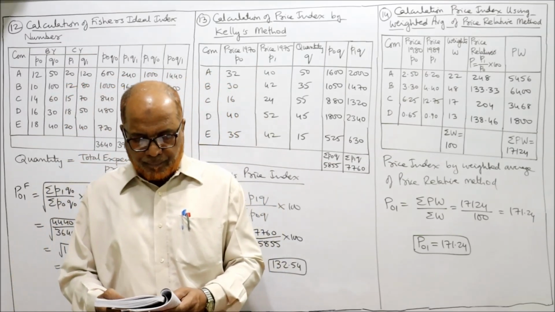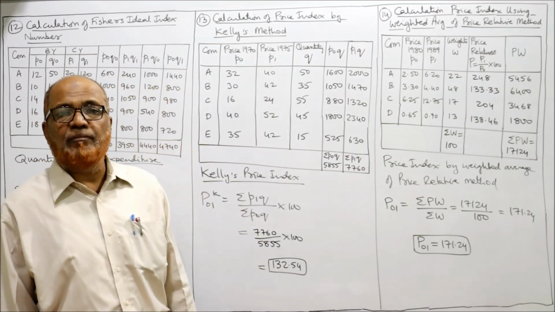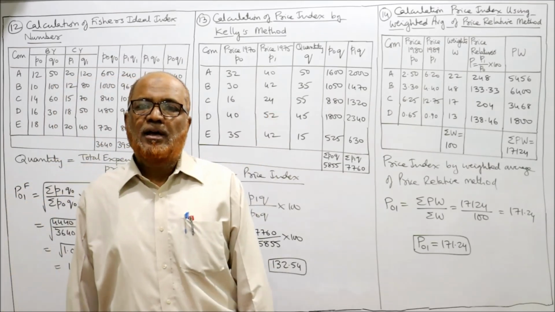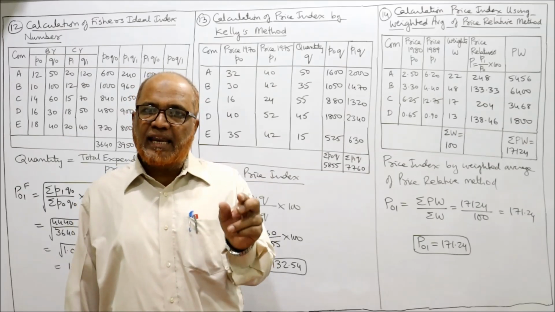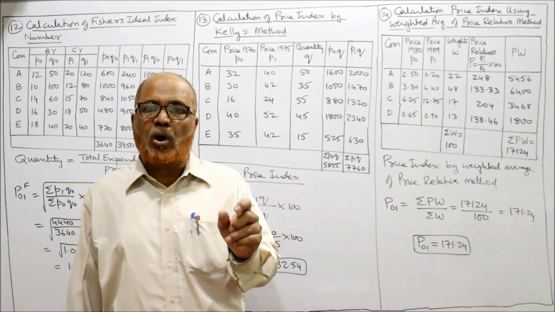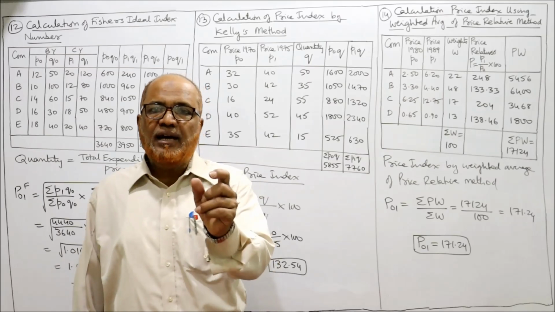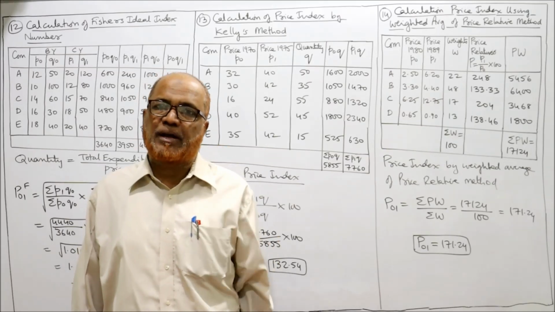Now 14th problem. Now we have the problems on weighted average of price relative method. अभी तक जो problems करे थे यहाँ तक problems weighted aggregative method. Weighted aggregative method देखे थे. Now next problem onwards we have the problems on weighted price relative. Price relative means we have to find out the percentage of current year price on base year price.